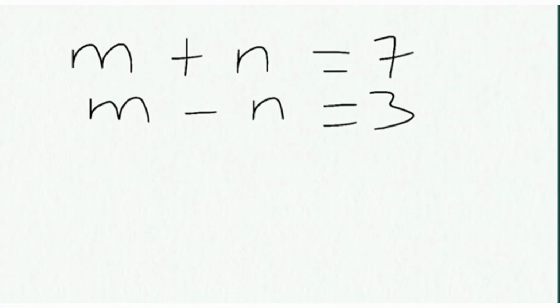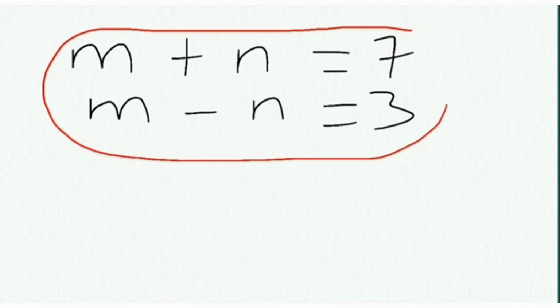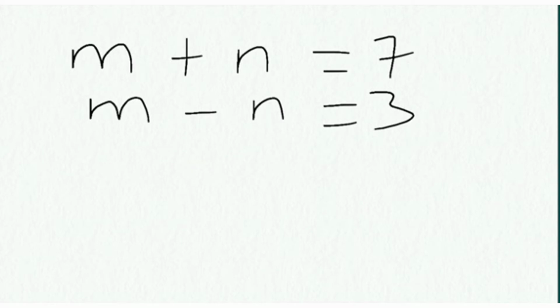Alright, for you to solve these two equations simultaneously, look that you have variable m and variable n. You must make one variable equal to 0. And then you look for the value of one unknown, and then later on you use the value of that variable to find the value of the other unknown variable.